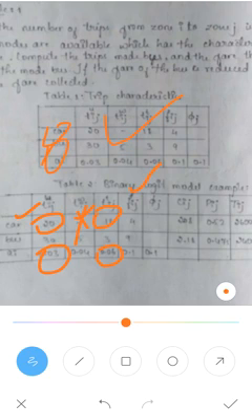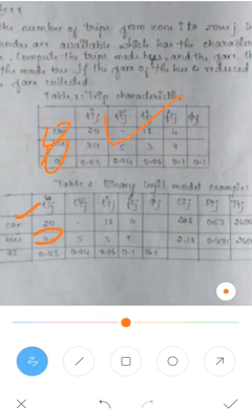Next is the Fij, that is 4 into 0.1. Altogether, if you add it, you will get 20.8. Same way for this also.